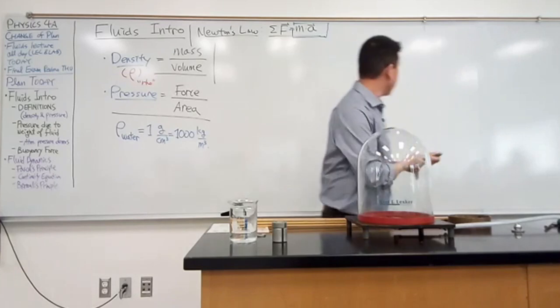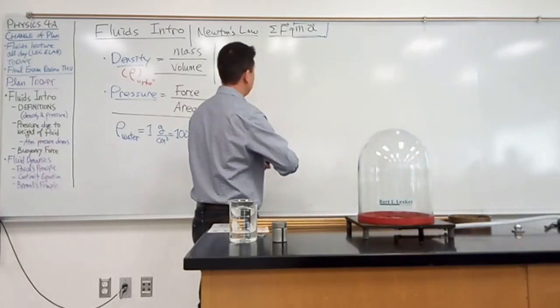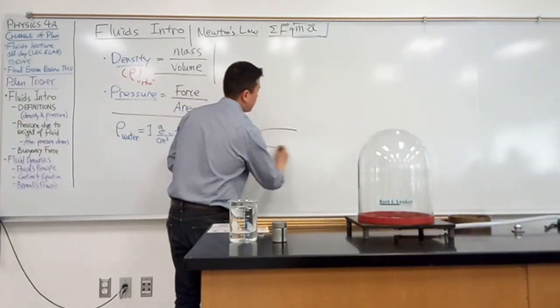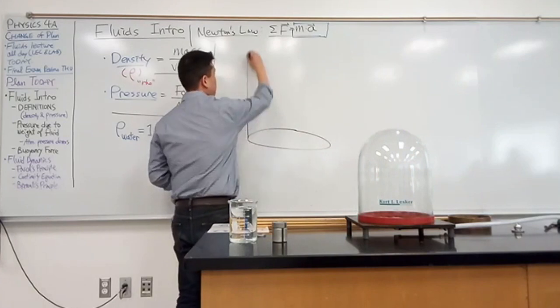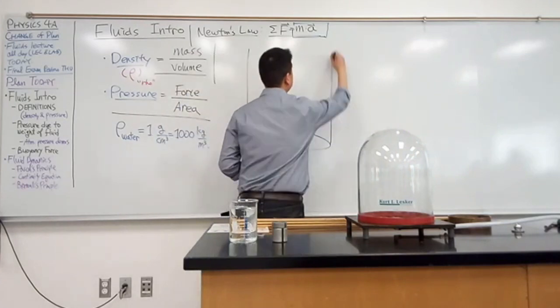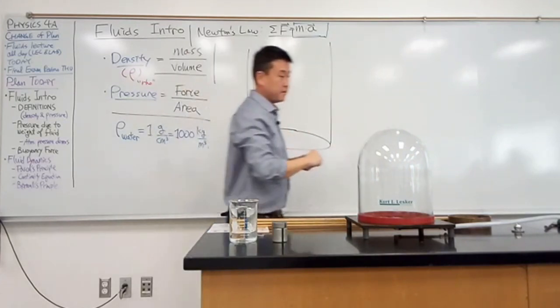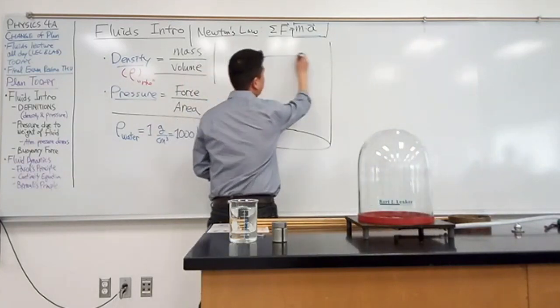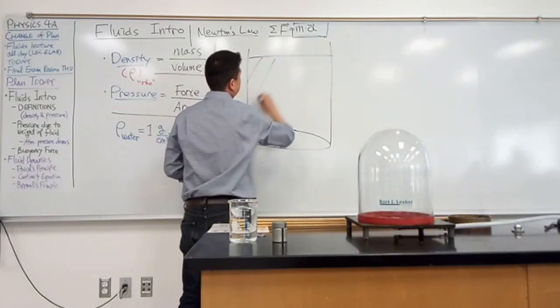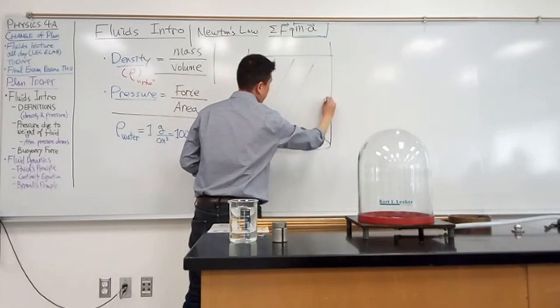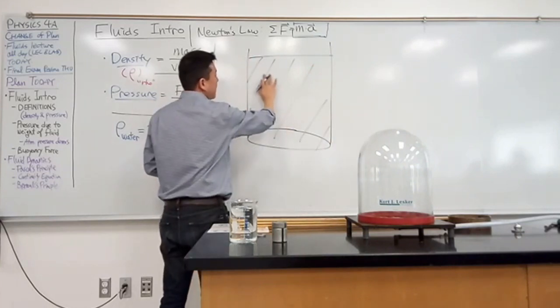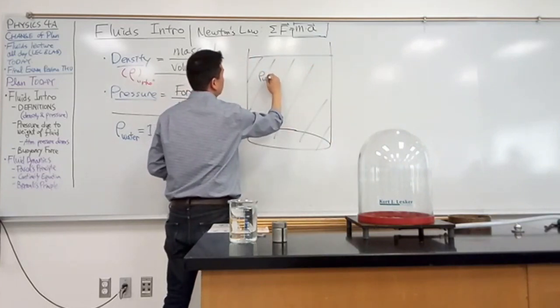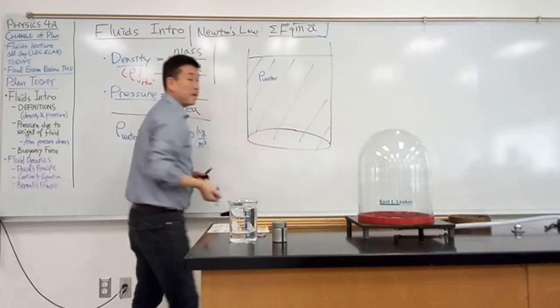So let me draw that diagram. Imagine a cylinder of water, filled up to some height. There's some amount of water. Let's say it's water, so the density of water is what you have here.